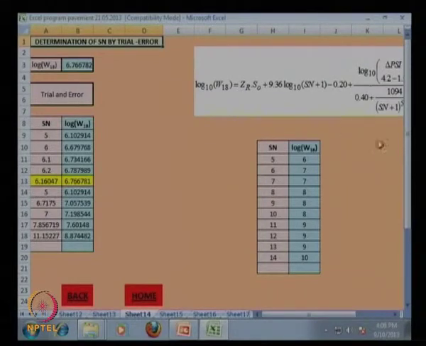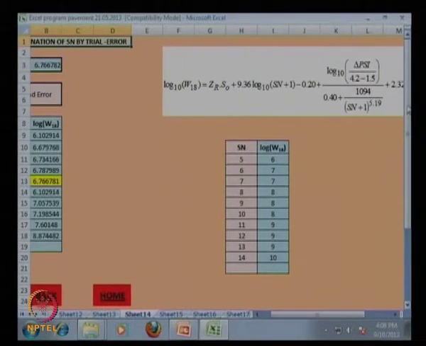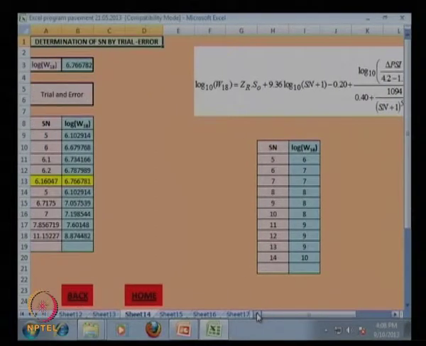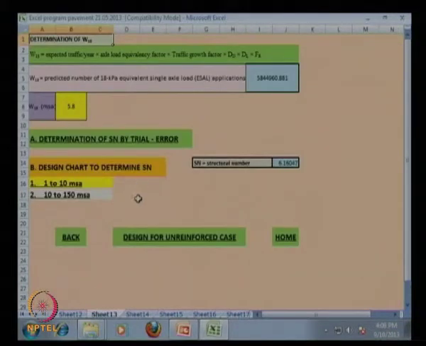You use this equation; you know all the values on the left and the right, and then you can calculate the structural number, that is 6.1. You can calculate this structural number knowing W18, or you can also use the design chart.